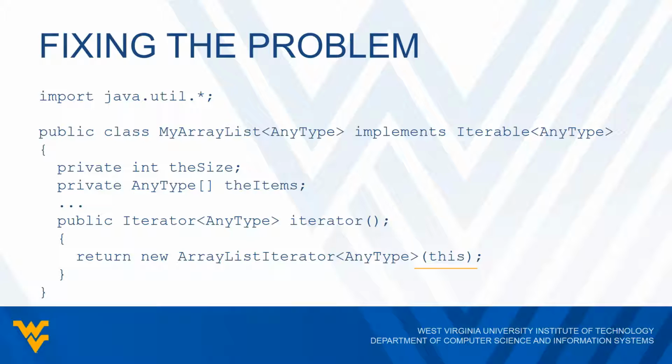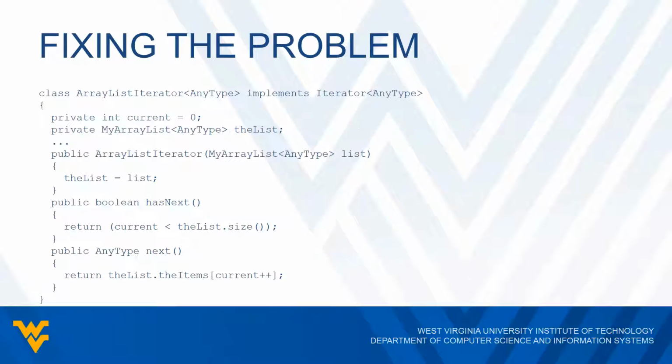Since the items and the size method do not exist in the ArrayList iterator class, let's just pass an object of myArrayList and see if that works. So this right here is saying we're going to pass the current object of myArrayList into the ArrayList iterator class.